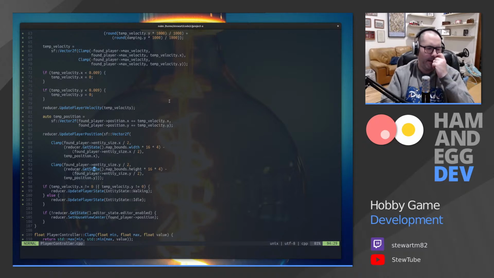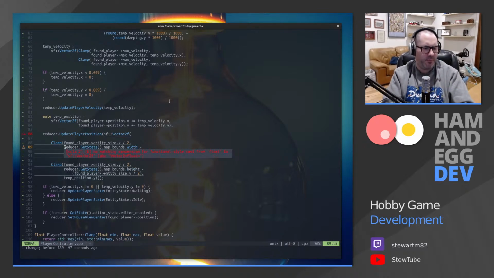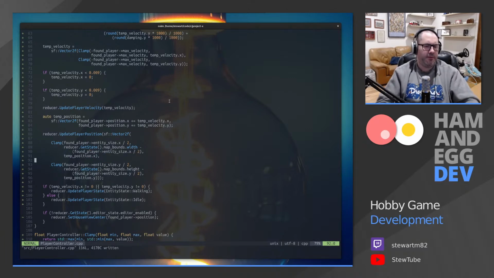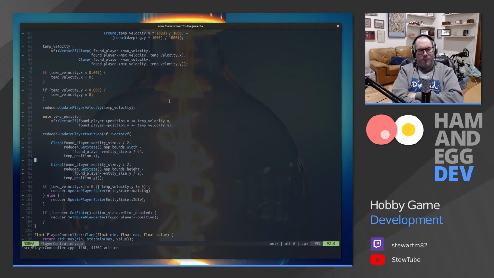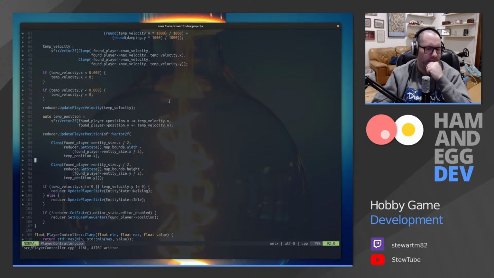We need the proper map bounds in here. This won't work like this. So we need the proper map bounds in here, and it also doesn't seem to be setting the view properly.